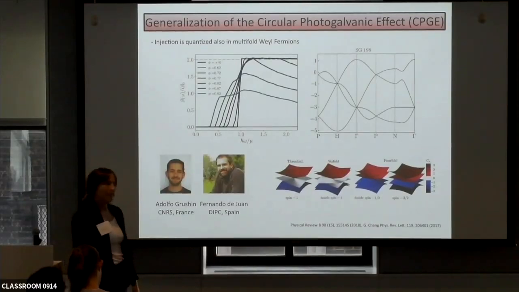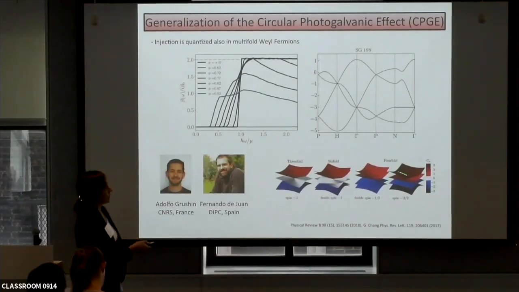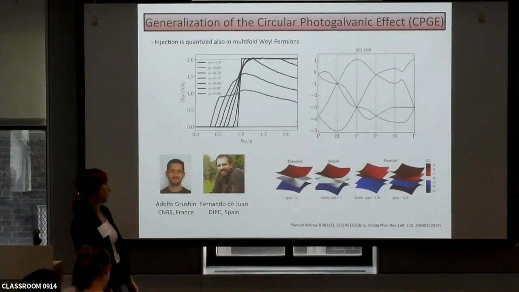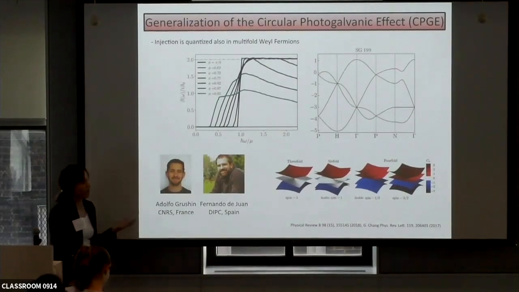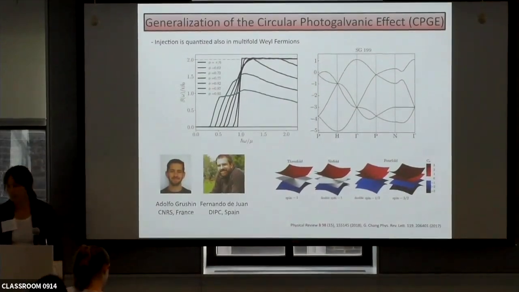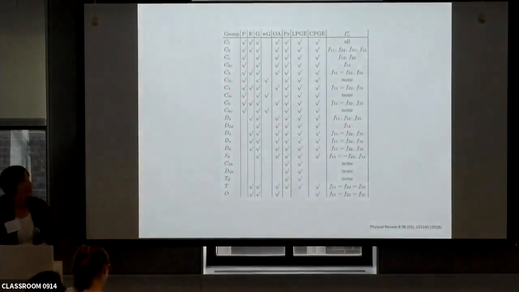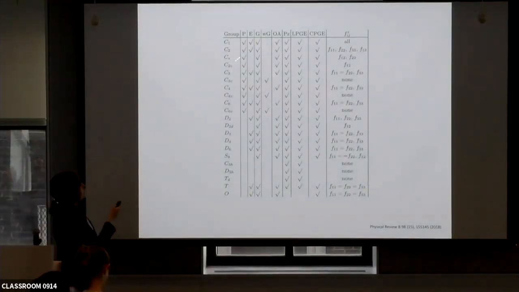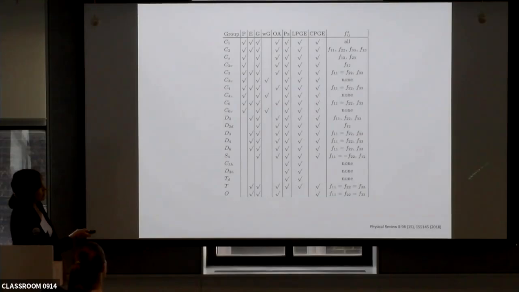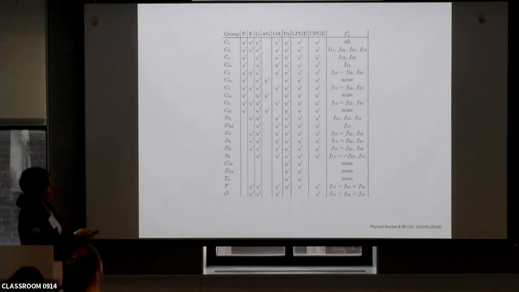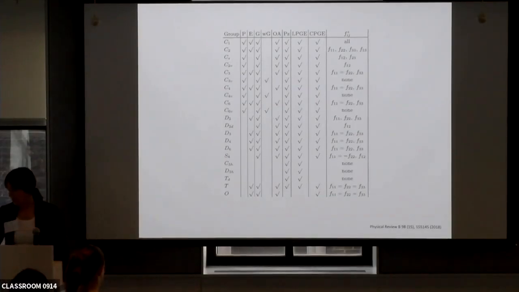higher nodal crossings. And in the same paper, we did, let's say, a deeper classification of the nodal crossings in the chiral space groups. And we provide this table where here are listed all the space groups that can hold a non-diagonal matrix element in the CPG, and here the ones that one should find or measure.